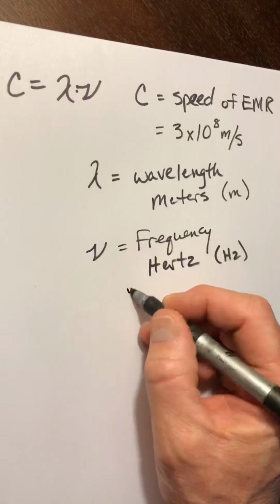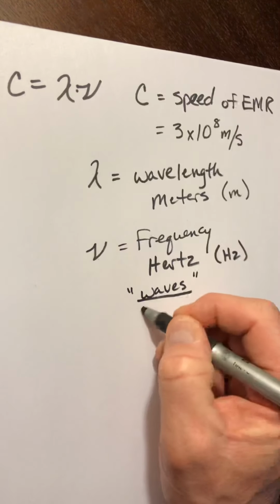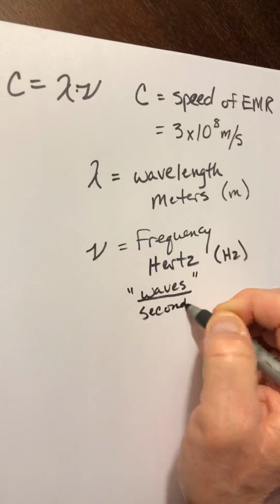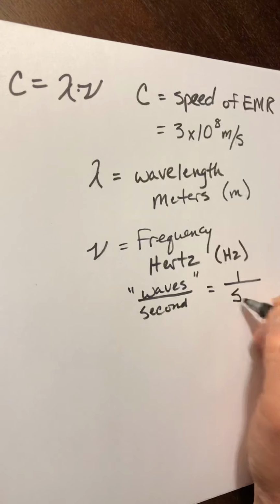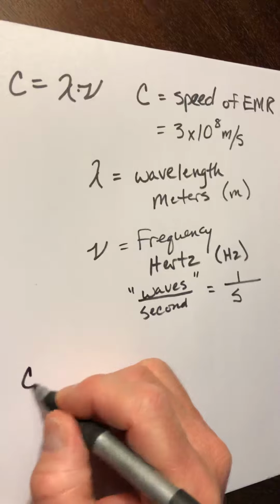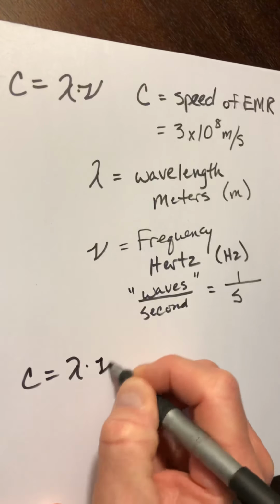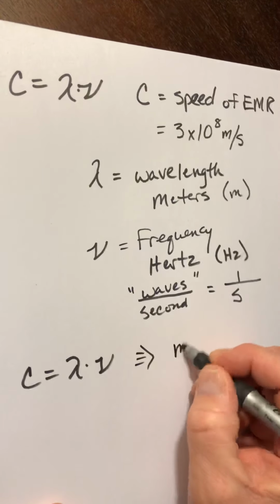So really the units are waves or anything per second. Since it can be anything per second, we just write it as 1 over a second, which we'd call a reciprocal second.